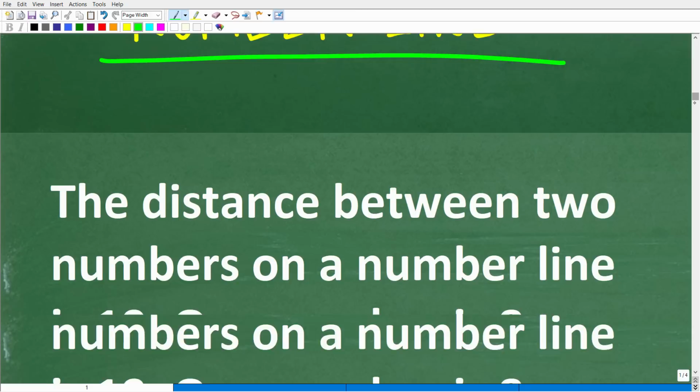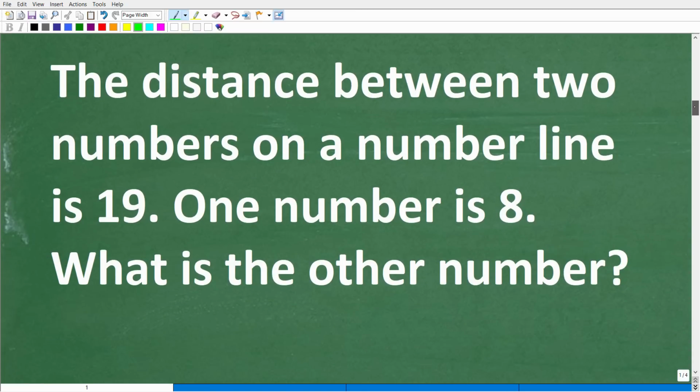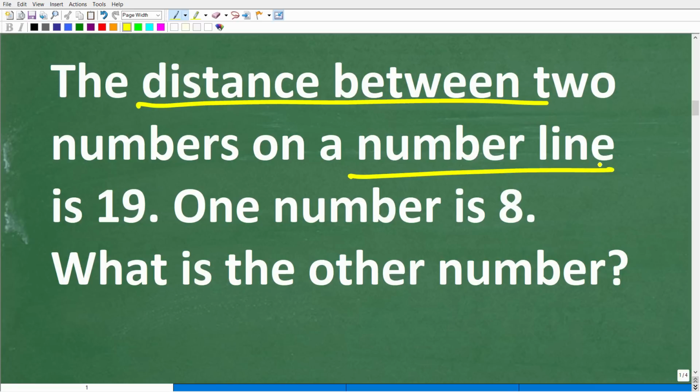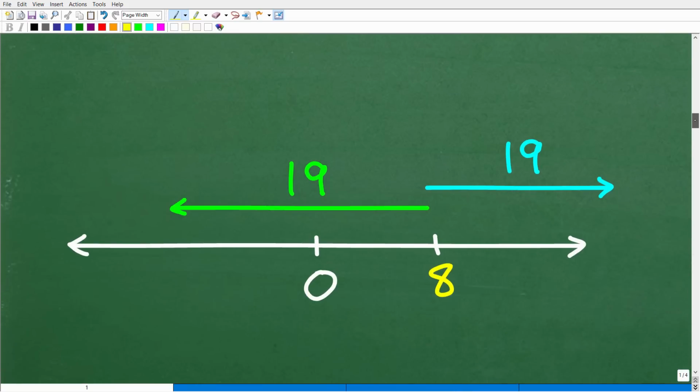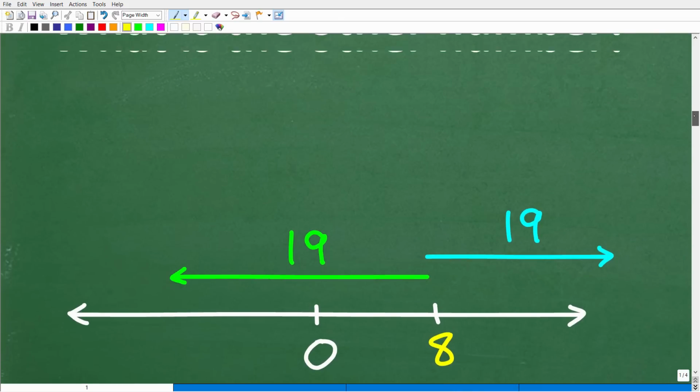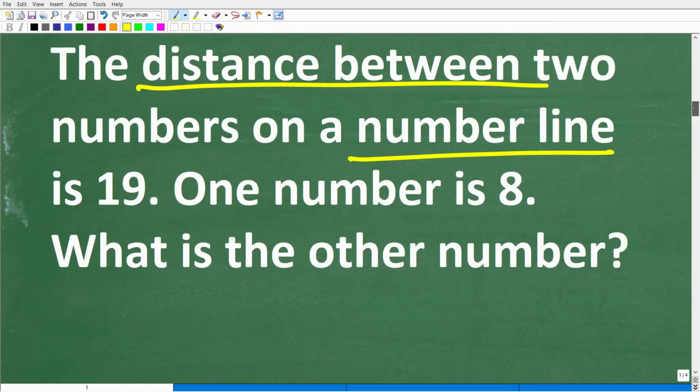But let's go ahead and take the next step, which, of course, is to read our problem again. Now that we understand something about the distance between numbers on a number line, and we also understand what a number line is, we can simply model this situation. So let's take a look at a simple model, because the question is saying the distance between two numbers on a number line is 19. So that's the distance, right?